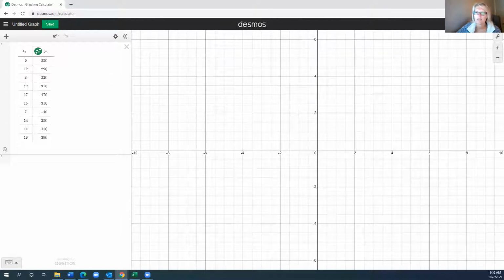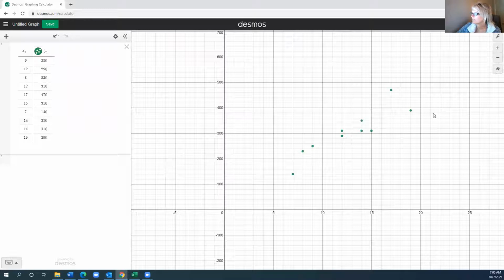So I have my data in, and I'm going to hit my magnifying glass, and there is my scatter plot. It should look very much like we already did in our paper. And I'm going to go to the next line here, and I am going to type in just what I had on our paper.